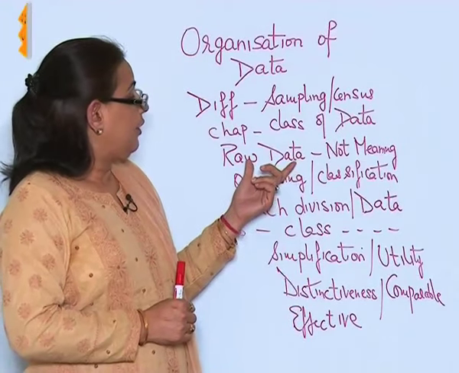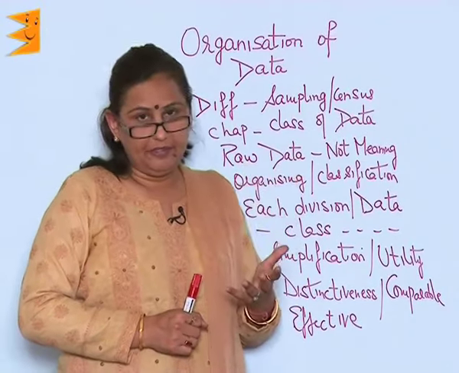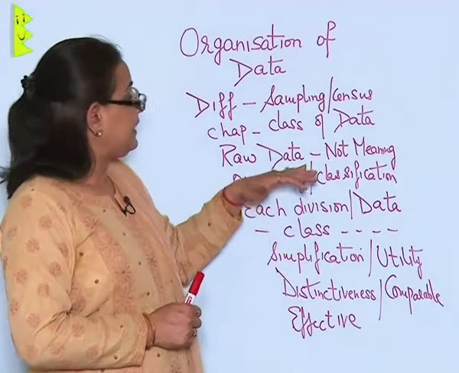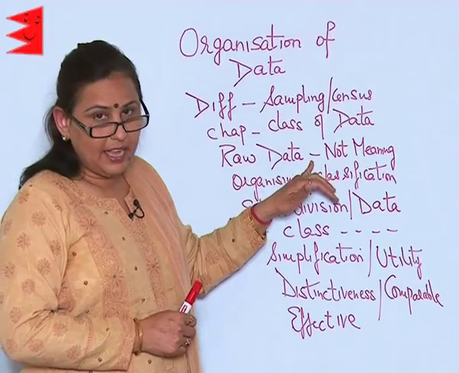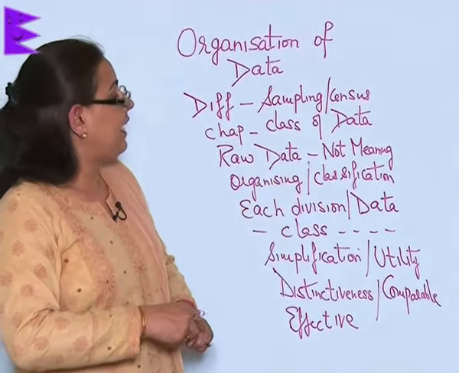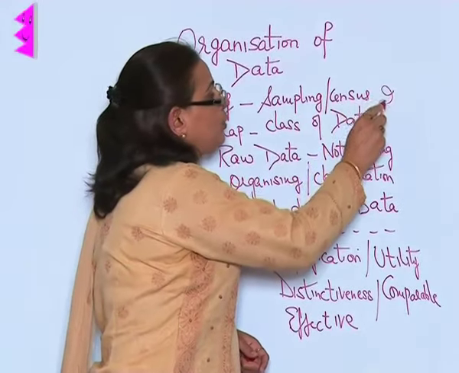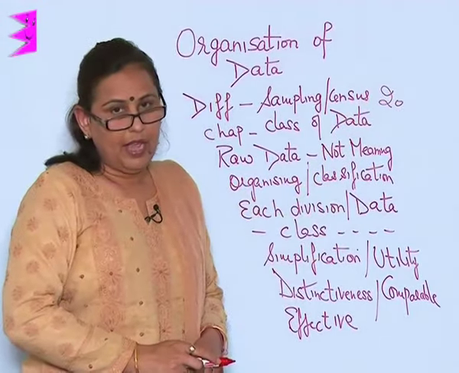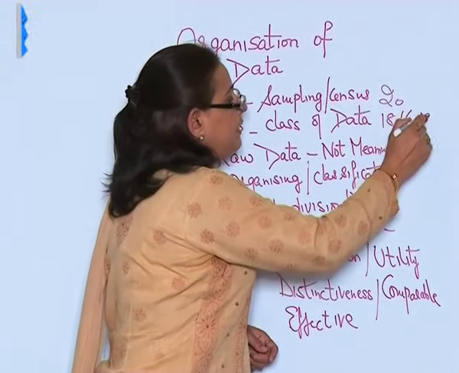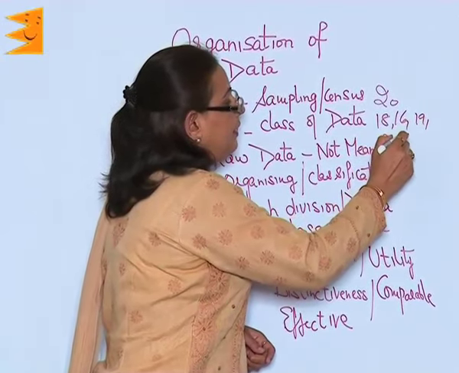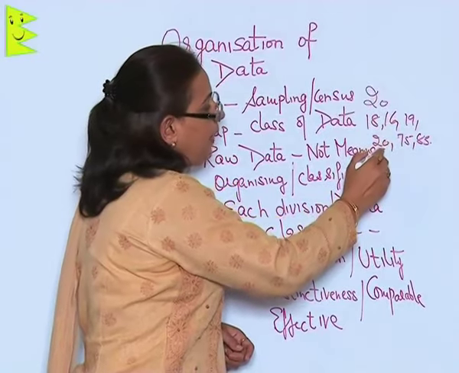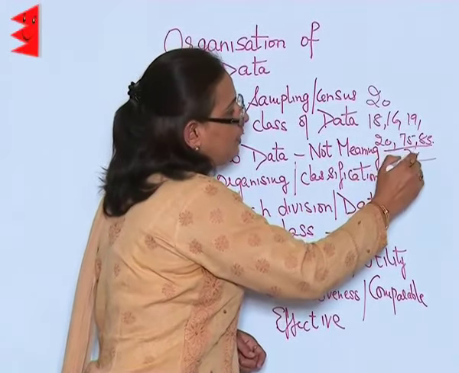Well, the raw data which we get first of all is not at all meaningful, but when it is classified, that is the time it becomes meaningful. For example, if I say there are 20 students in a class and they have got marks as 18, 16, 19, 20, say 75, 83 and I bring down the marks of 20 students.